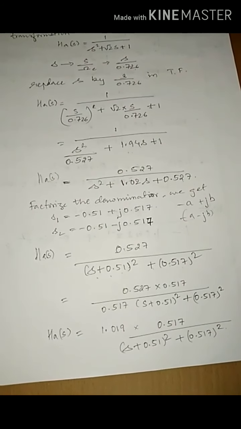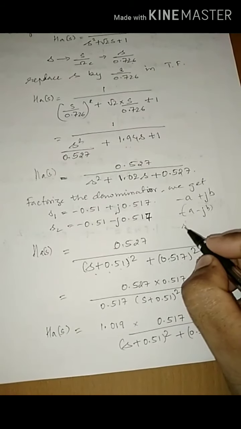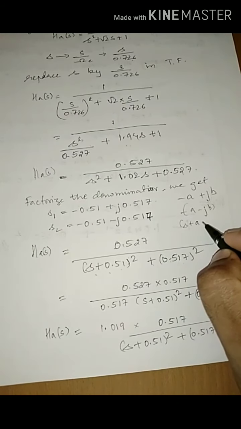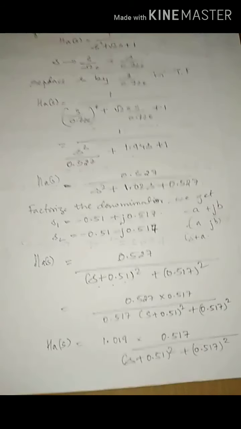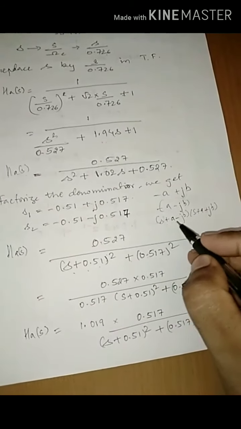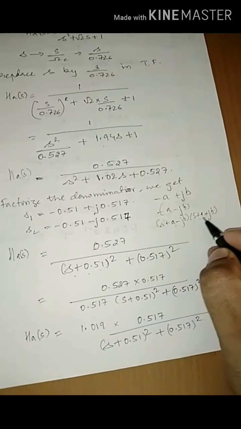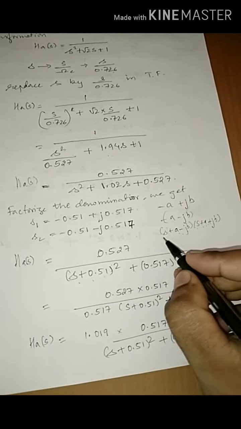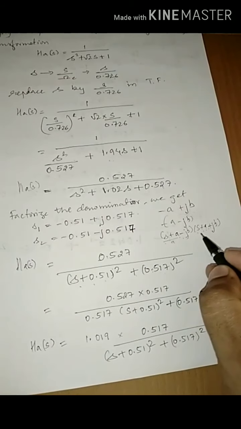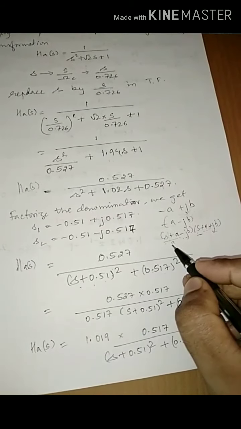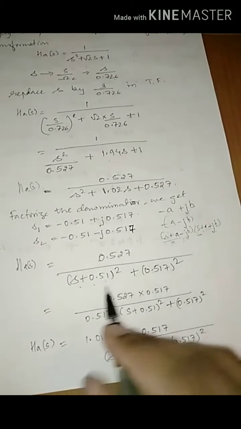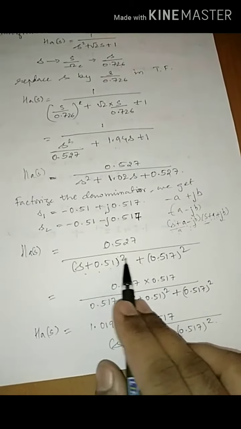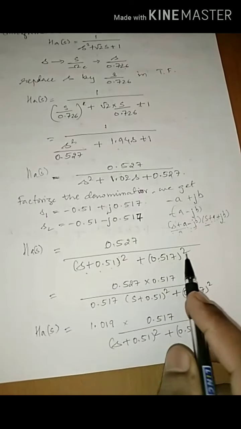So you are trying to write this as s plus a minus jb into s plus a plus jb, that is s minus s1 into s minus s2. So here this is assumed to be a, this is b, this is a, this is b. So this expression is written as (s plus 0.51) the whole square plus 0.517 the whole square.